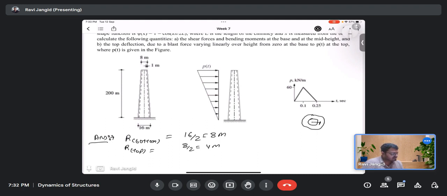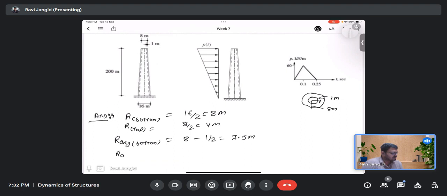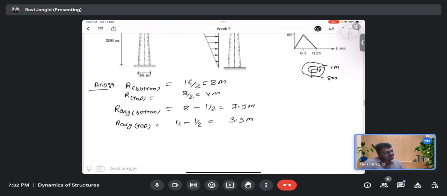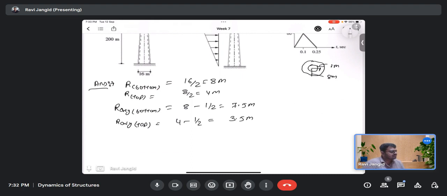The r average at the bottom, as the thickness is given as 1 meter, is 8 minus 1 by 2, so that is 7.5 meter. The r average at the top is 4 minus 1 by 2, which is 3.5 meter. So can we calculate the variation of r?